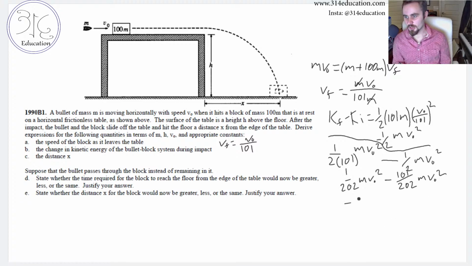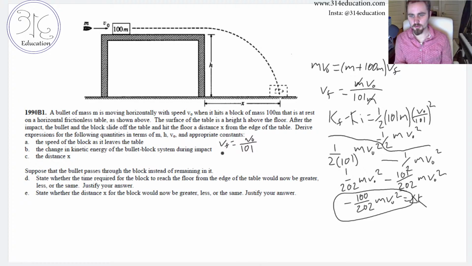So this gives us a change of 100/202 times m v naught squared. This is our delta K, which we can put over here. We can reduce this if we want. I kind of don't want to. I guess we'll do a little bit. We'll do 50/101 times m v naught squared.